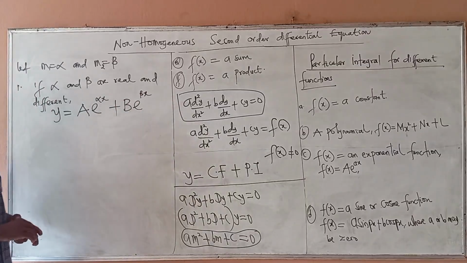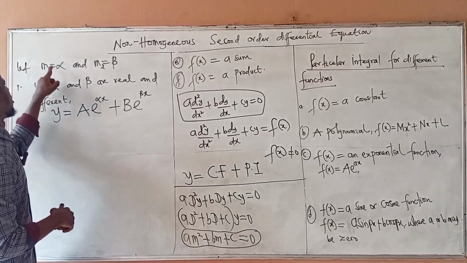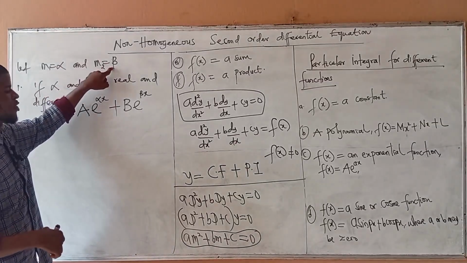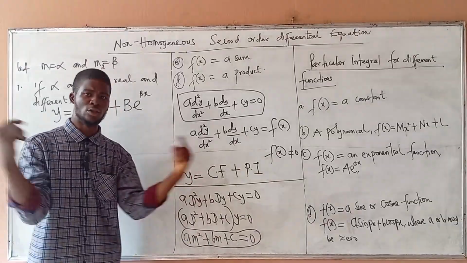This is the first case, where alpha and beta, the two roots of this auxiliary equation, are not the same.